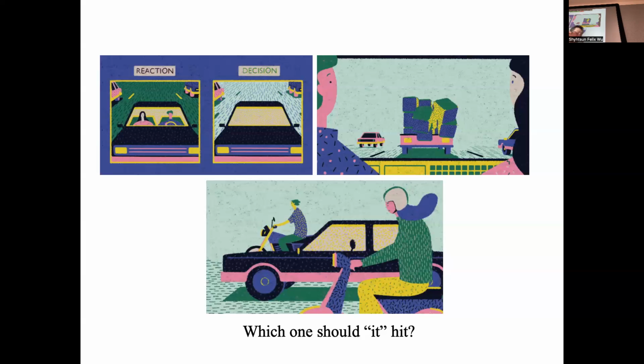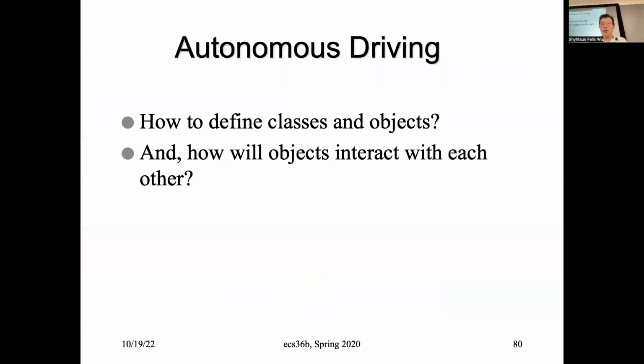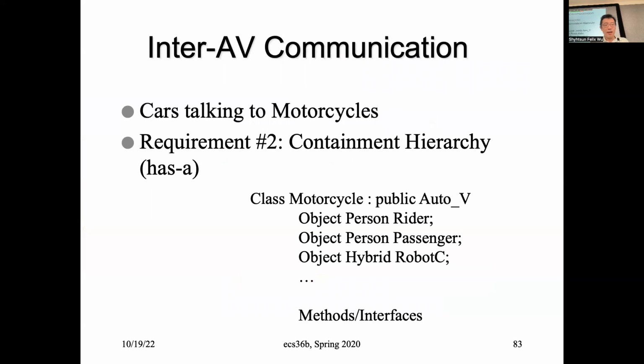Okay, so there are two scenarios. In the first scenario, I only tell you the requirement is the car needs to make a decision. By the way, you can write a very average answer. This will give you a C or D, just to let you know.